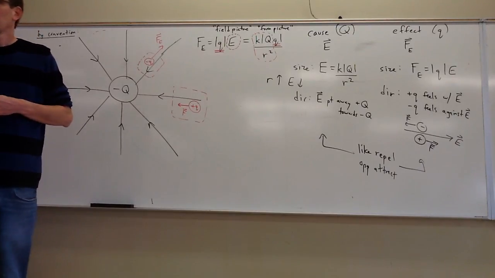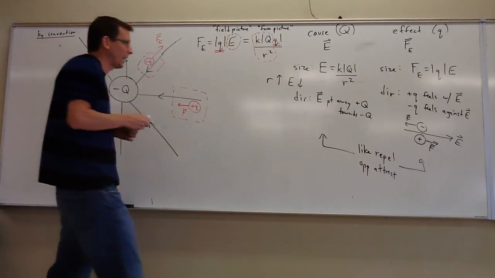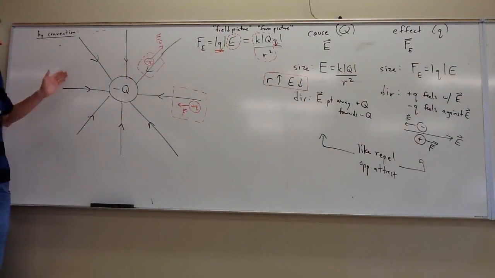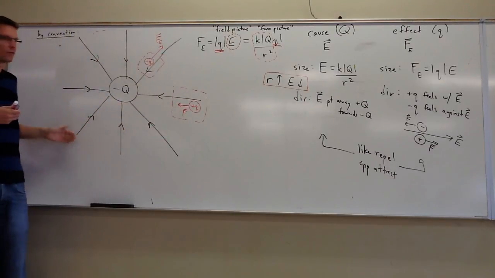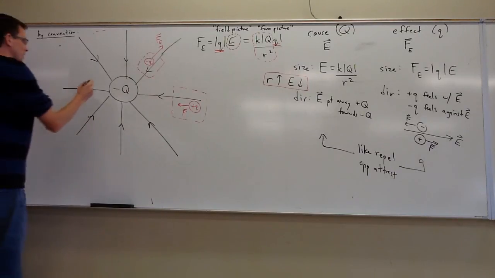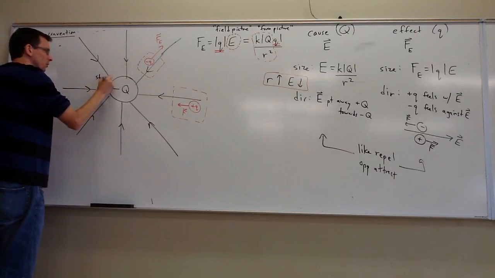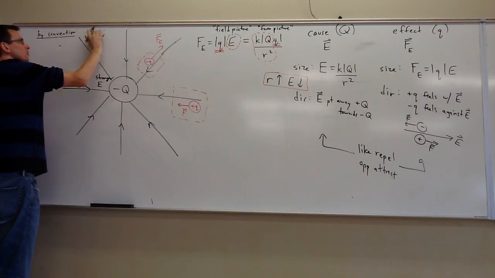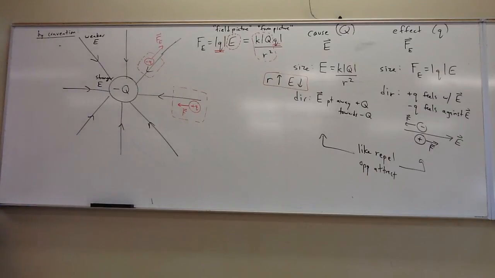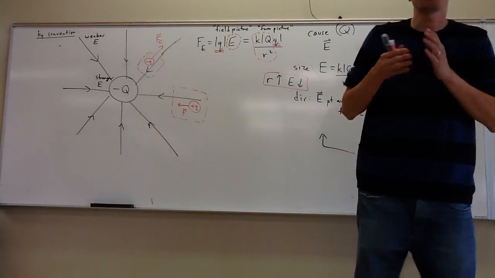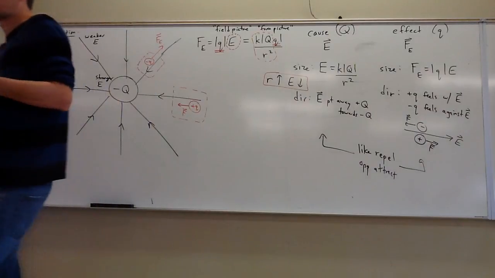So, this gives me the opportunity to show you why choosing to draw the electric field as a series of radial lines is actually very informative, because we know that the electric field here is stronger because you're closer, and out here the electric field is weaker. The drawing of the lines as radial lines allows us to look at the line spacing as a proxy for how strong the field is.